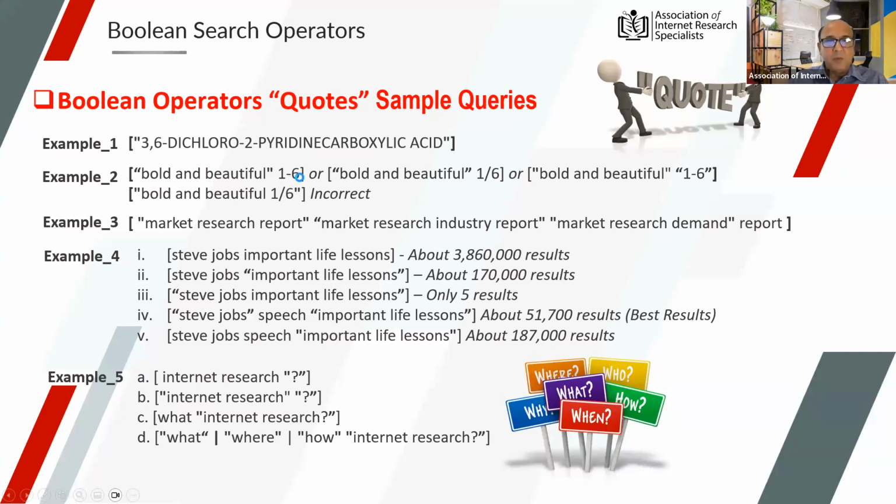Why it is doing it, and how would it know it's Bold and Beautiful, is because it starts to make sense out of the combination and sequence in which you place your terms in the search box. So it knows Bold and Beautiful is a famous play, and 1-6 means that it is the sixth part of one, or it is season one and episode six.